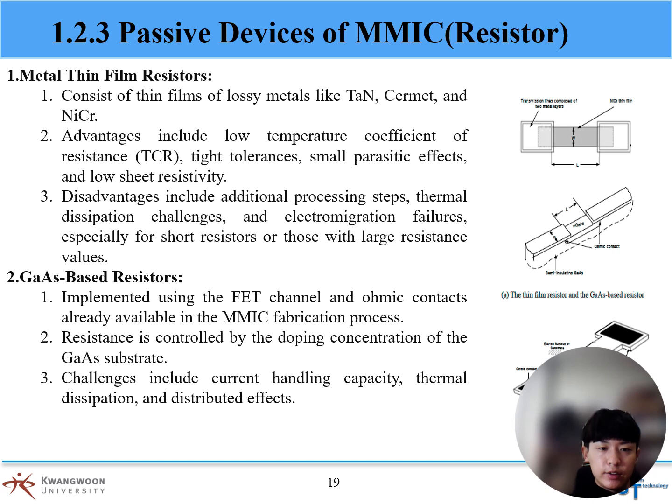And the next is GaAs-based resistors. It is implemented using the FET channel and MMIC contacts already available in the MMIC fabrication process. The resistance is controlled by the doping concentration of the GaAs substrate, and the challenges include current handling capacity, thermal dissipation, and distributed effects.